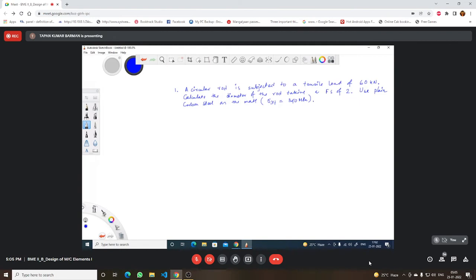So this problem is very simple. Here you have to first calculate, since sigma YT, the yield point strength, is given as 340 MPa or 340 Newton per millimeter square. So sigma T, the allowable tensile stress, should be 340 MPa divided by factor of safety of 2, that is 170 MPa.